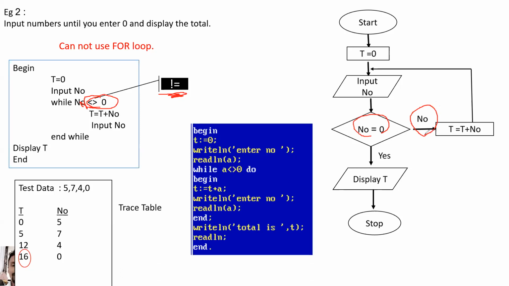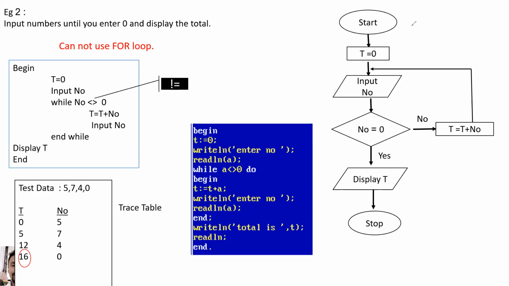That means it is working when the condition is not true. So that's why I am using this while loop here. Remember, a while loop is working when the condition is true. So to make it, I am using while number not equal 0.